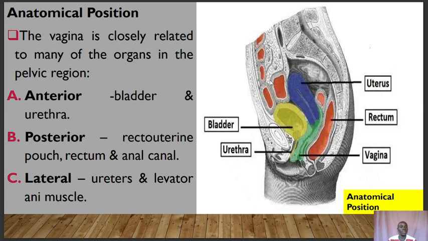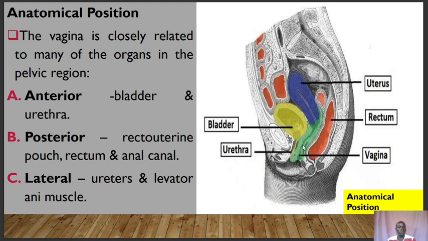Anatomically, in terms of positioning, it's closely related to many organs in the pelvic region. Anteriorly, we have the bladder and the urethra. Remember, the vagina is here, so we have the bladder and urethra anterior to the vagina.